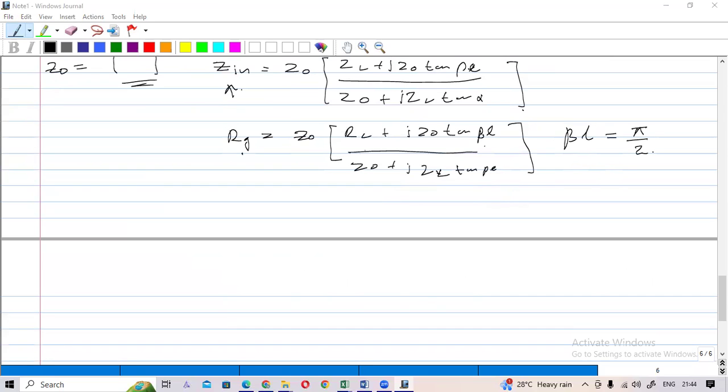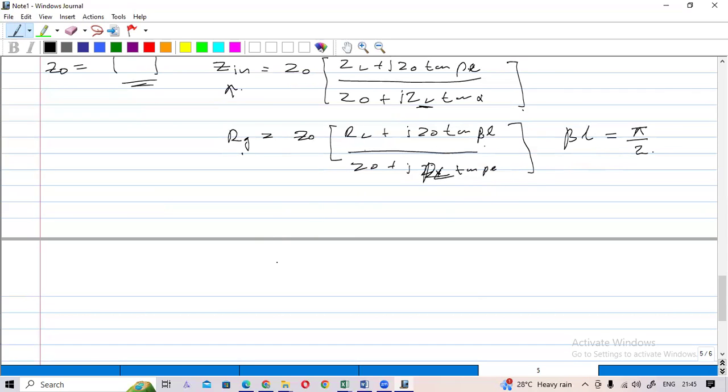Here ZL is equal to RL, because we are considering real values. So what does beta L equal to pi by 2 mean?